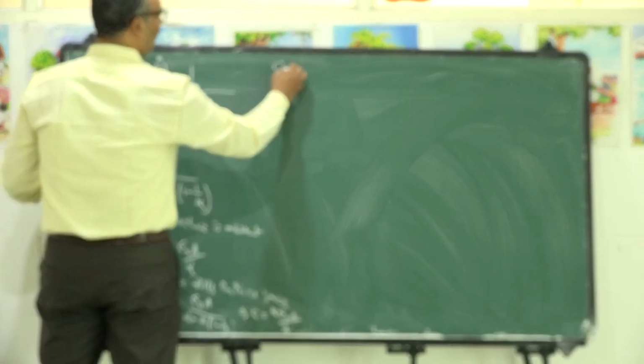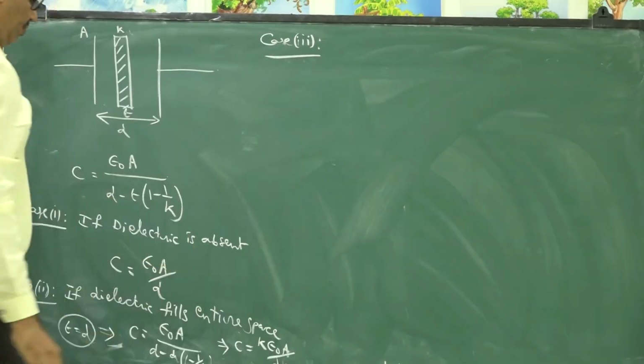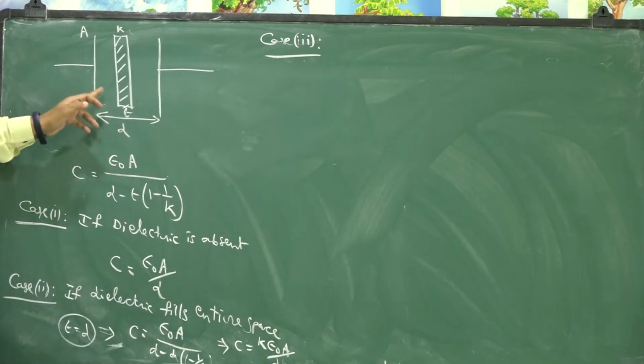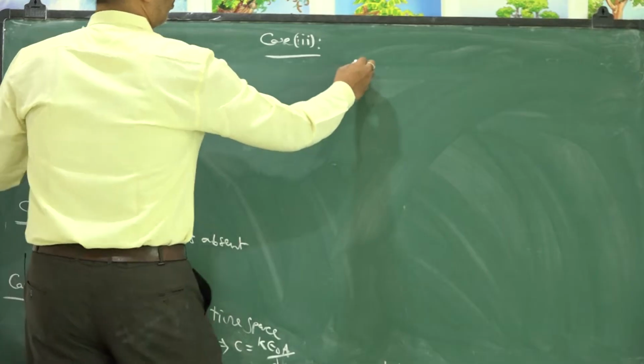Case number 3. If the space between the two plates of the capacitor is filled with different dielectrics, the diagram is like this.